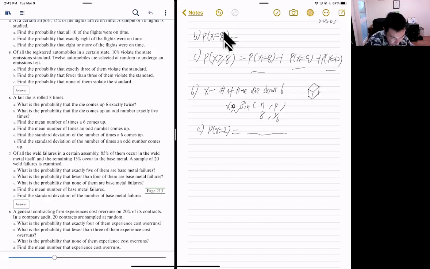Again, plug in the mass function. n equal to 8, x equal to 2, n minus x, p is 1/6, x equal to 2, 1 minus p, n minus x. So 0.2605. So the chance the die comes up with the 6 exactly twice is 26%.